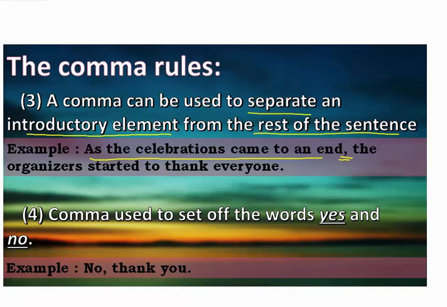The fourth rule: a comma is used to set off the words yes and no. You can use yes and no with a comma. Let's see the example here. No, thank you.